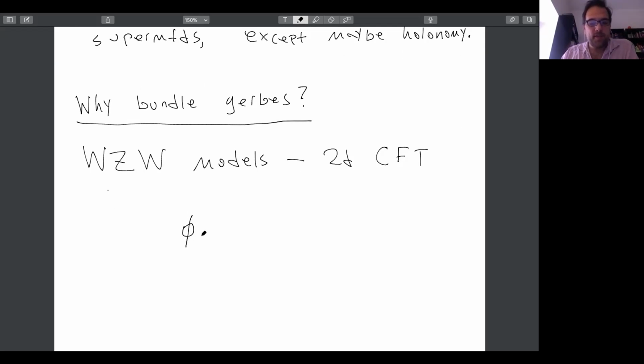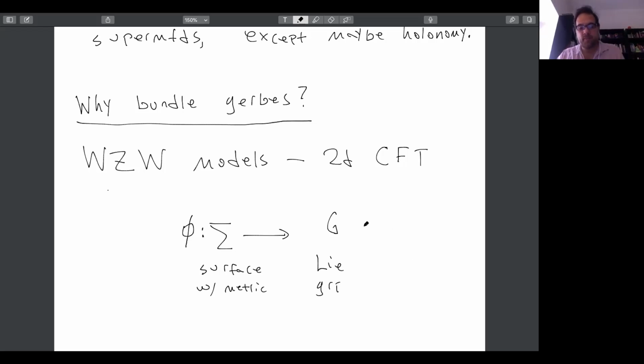So the fields in a Wess-Zumino-Witten model are maps from a surface with metric to a Lie group, generally speaking.